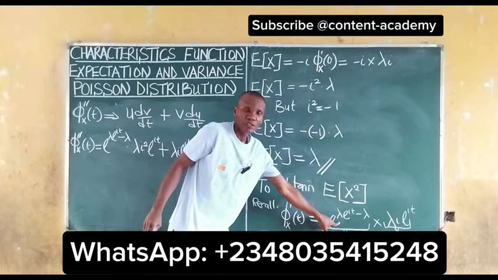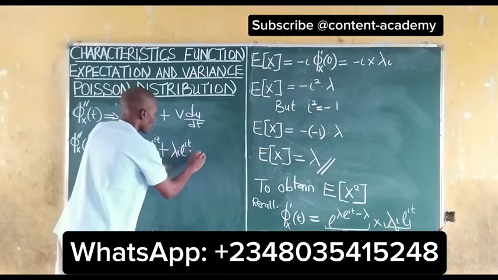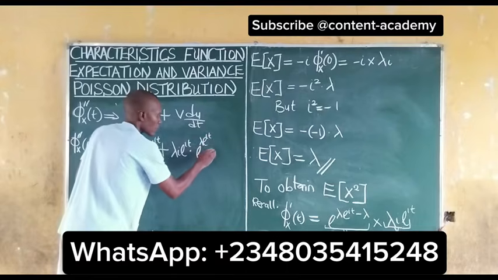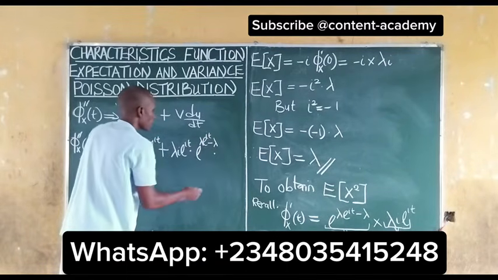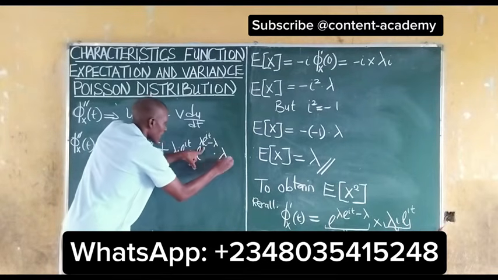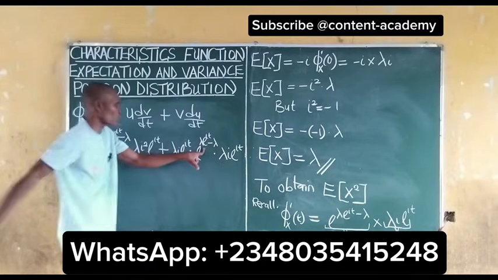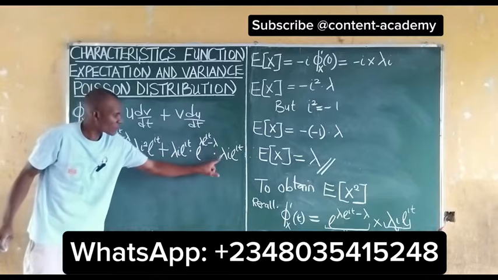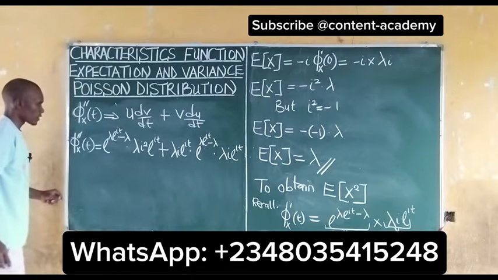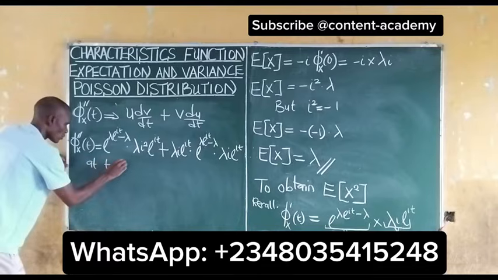So we differentiate this, the du over dt, which will give us exponential lambda e^(it) minus lambda, multiplied by what is inside here, lambda i e^(it). So if we differentiate this function, we get the whole of this. So that is it. The next thing we do, we say at t is equal to 0.